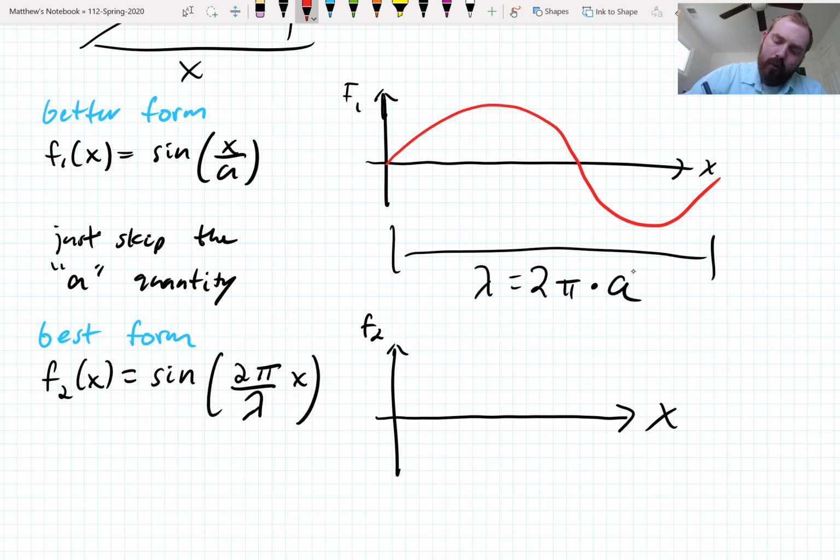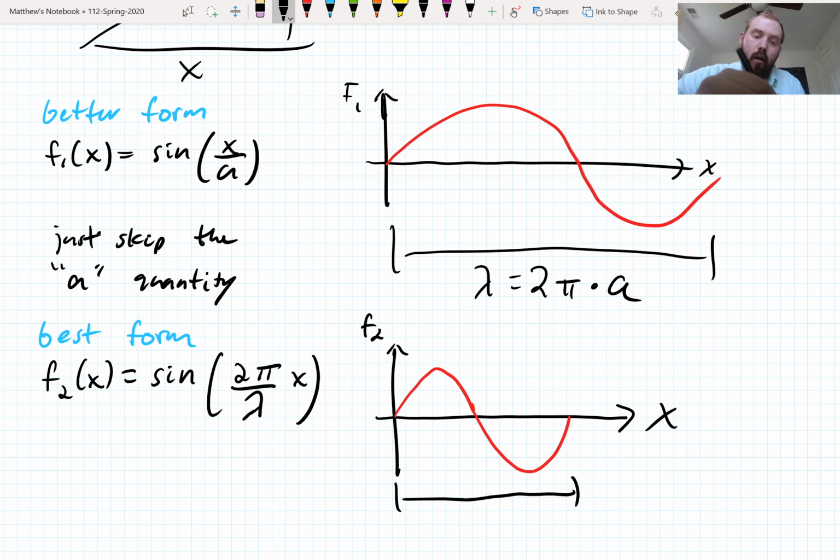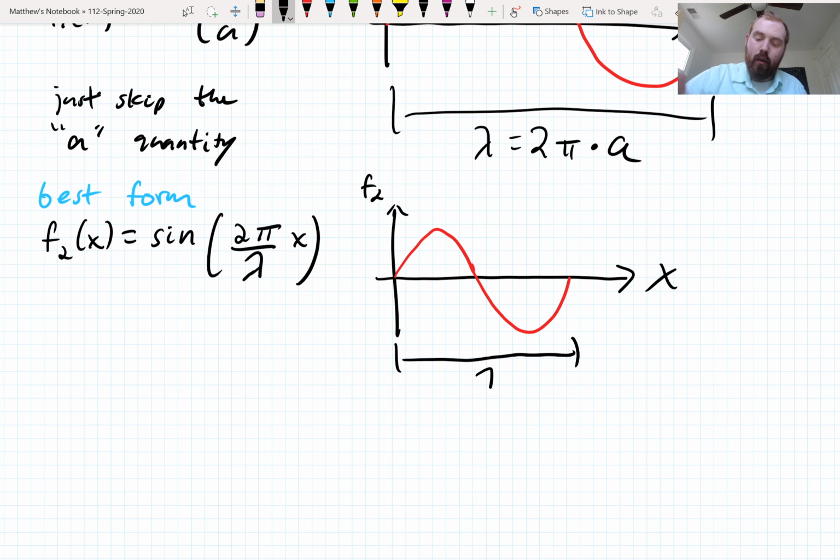What does this look like? Well, it's going to be a sinusoidal wave again, but progress. What's this distance? It's just the wavelength. The wavelength is just equal to itself now. None of these weird scaling things in the universe.